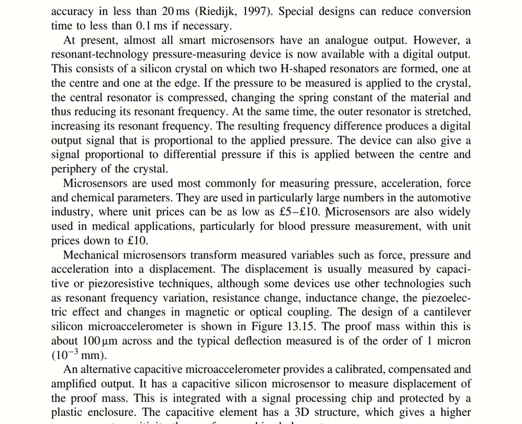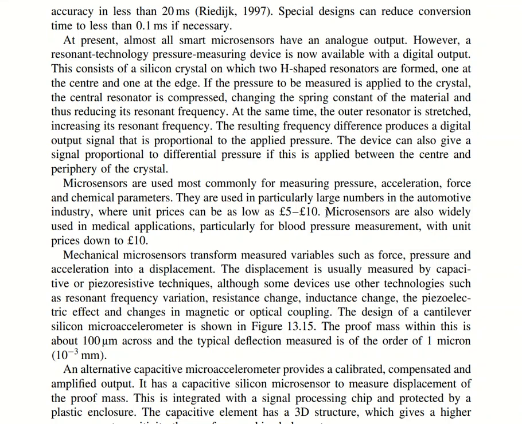Right now almost all microsensors have analog output, but resonant technology pressure measuring devices are now available with digital output as well. This consists of a silicon crystal on which two H-shaped resonators are formed, one at the center and one at the edge. If the pressure to be measured is applied to the crystal, the central resonator is compressed, which changes the spring constant of the material and thus reduces the resonant frequency.